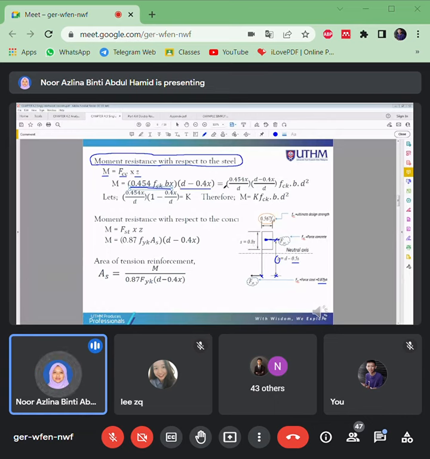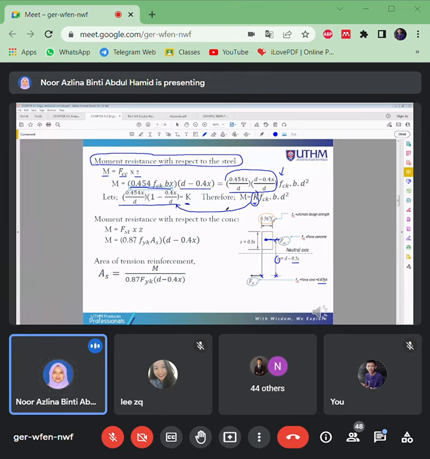So from the equations, this is how we arrange the formula. That makes this formula equal to K. So therefore, finally, M is equal to K, where K will represent this formula.